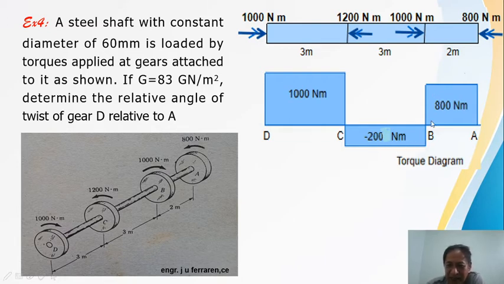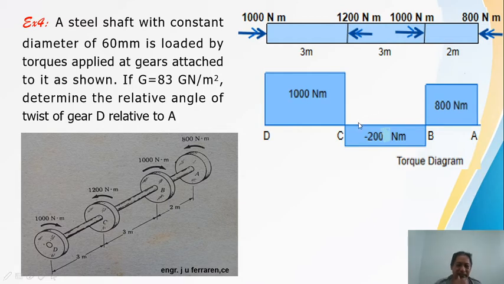Bring that over the segment, and then there is a torque again in a similar direction as 800, so plus. Again you have 1,000, bring that over the segment, and there is an opposing sense, so negative 1,000. It will always close to the reference line. So those are the torques.